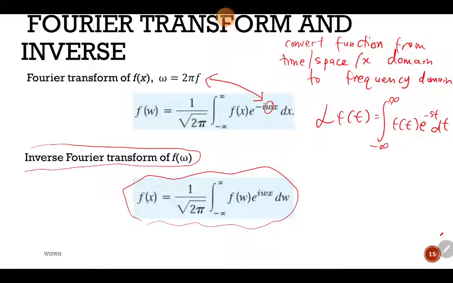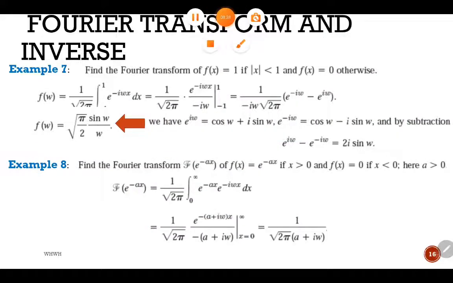Okay, so sekarang kita akan tengok example 7. So this is example 7. Example 7 suruh kita cari the Fourier transform of fx sama dengan 1 if the modulus x is less than 1. Okay, what is modulus x? Maksudnya ialah x is in between -1 to 1 and the graph should look like this.